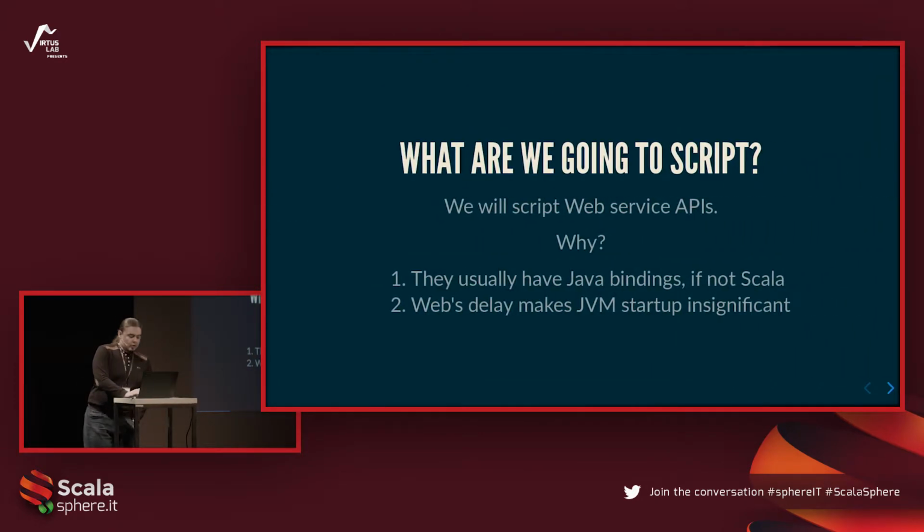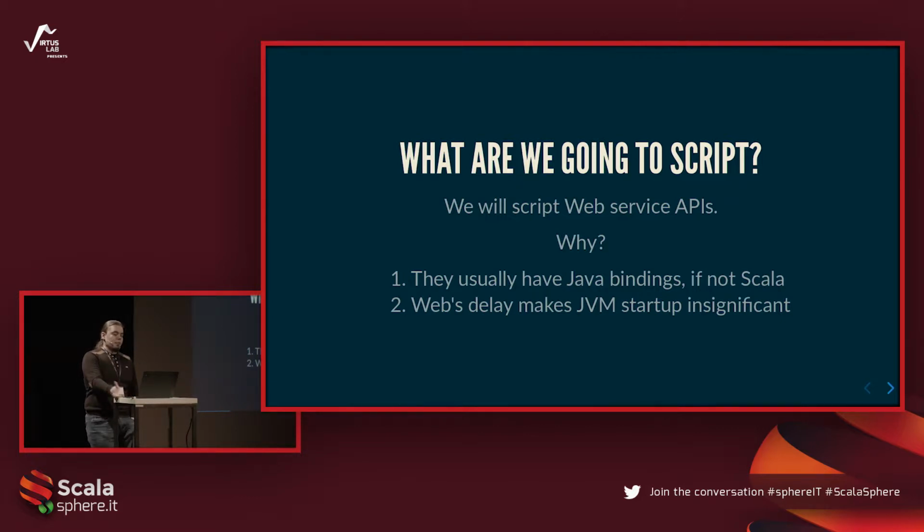Now, this is all well and good, but what are we going to script exactly here? Well, I will be talking about scripting web service APIs, and my primary motivation for this talk is that I have used Ammonite to do exactly that, because we were dealing with multiple repetitive tasks that we needed to do with web service APIs, and I found that Ammonite was an excellent pick to solve this problem.